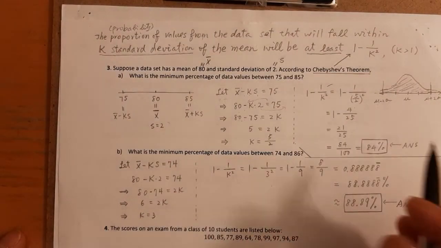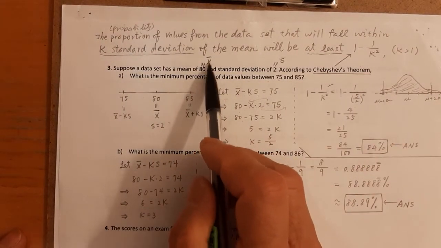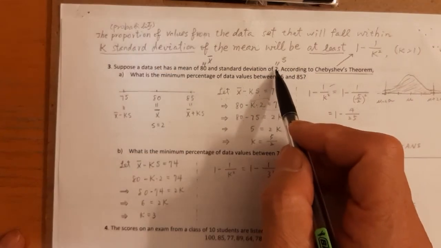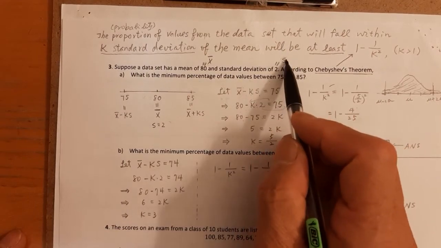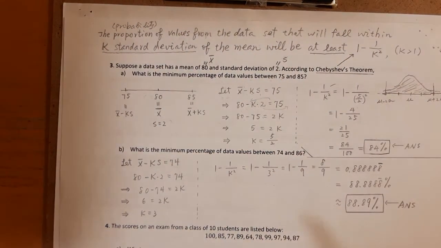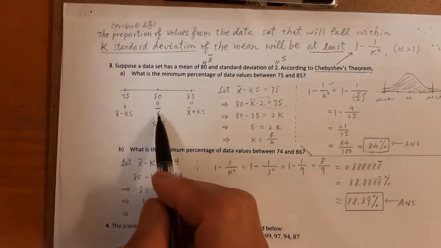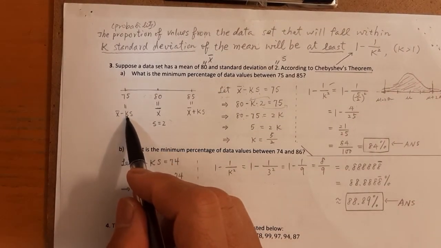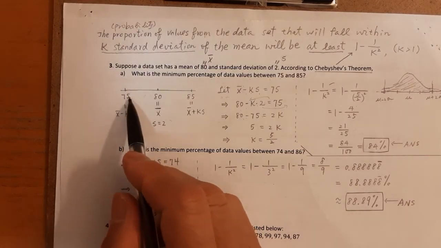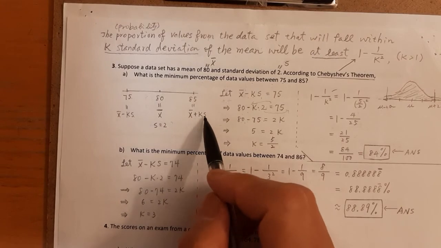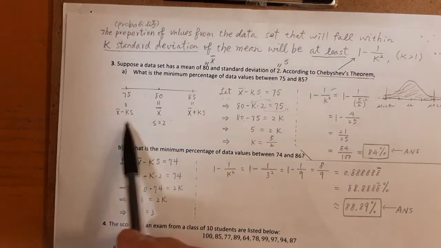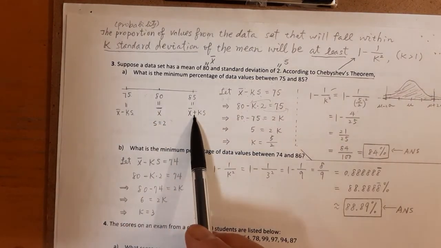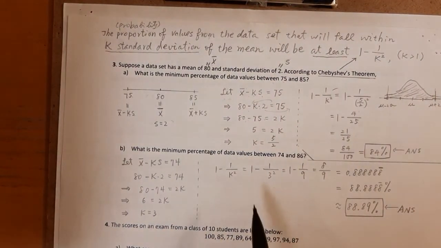For a population, we use mu for the mean. For a sample, we use x bar for the average. And for the population standard deviation we use sigma, while for a sample we use s. So from the mean minus K times s is 75, and from the mean plus K times the standard deviation is 85. You can use either one to figure out K.